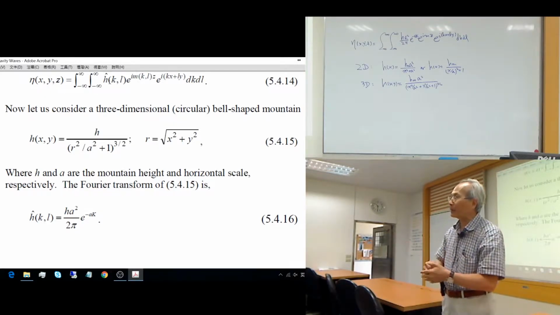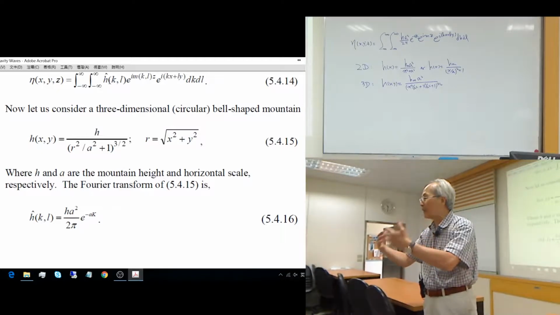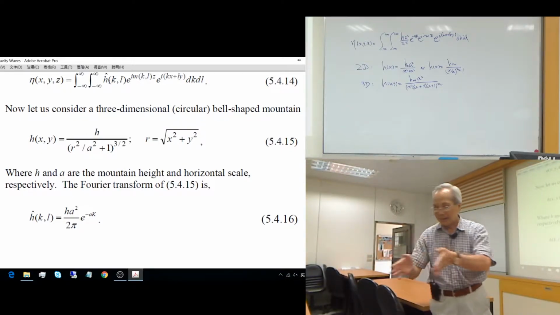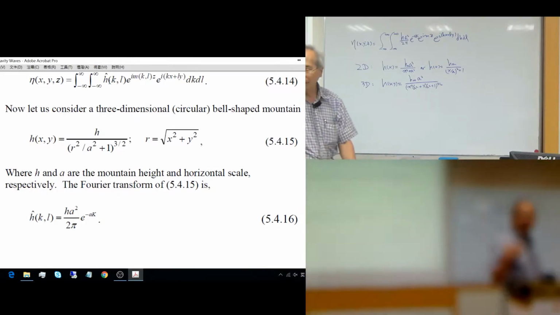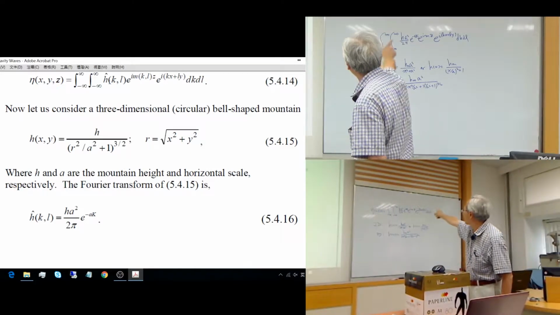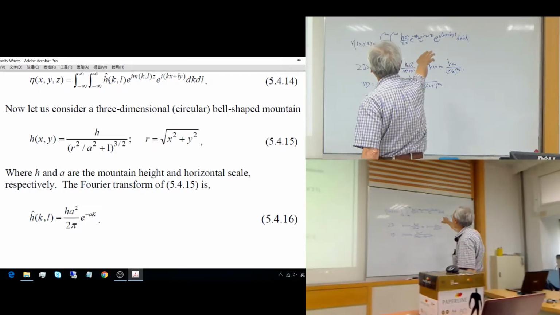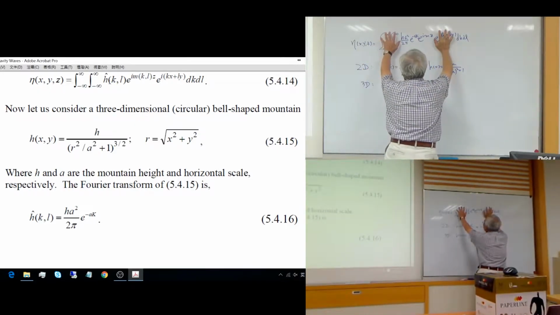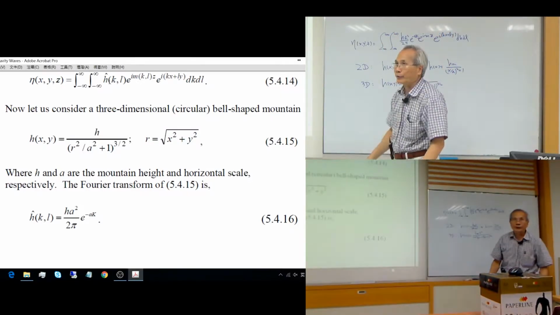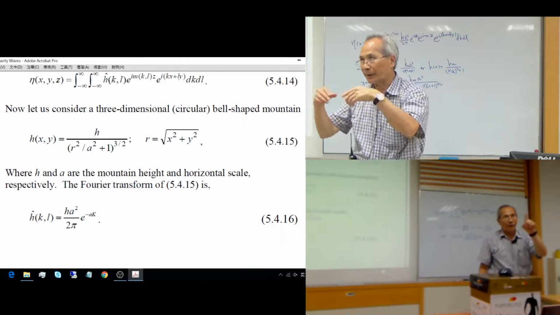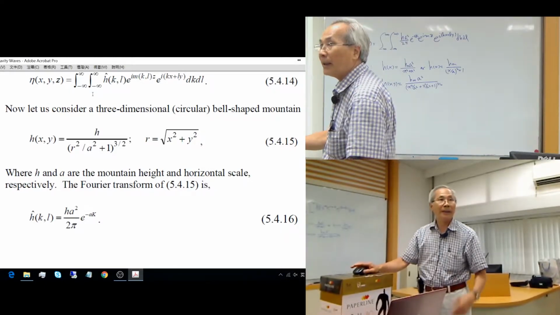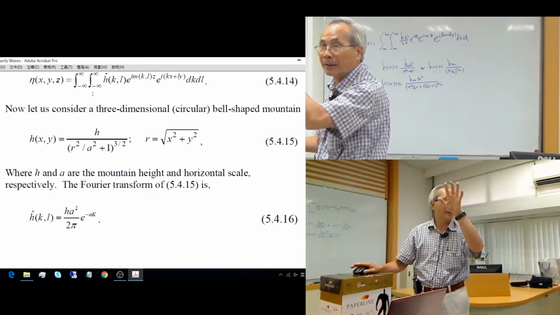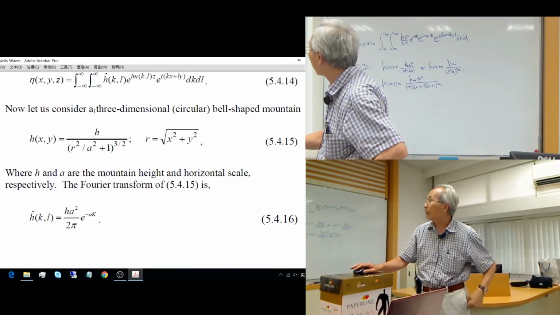So what people normally do is use the fast Fourier transform. You do a numerical calculation of this solution, and this solution involves the inverse Fourier transform. You usually apply the numerical method to do it, and there are some packages online you can download and try.